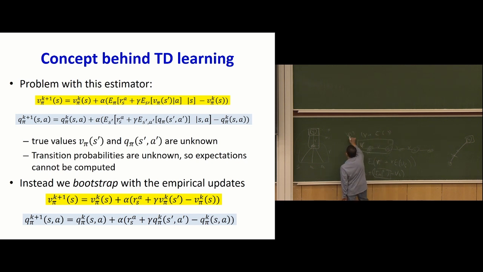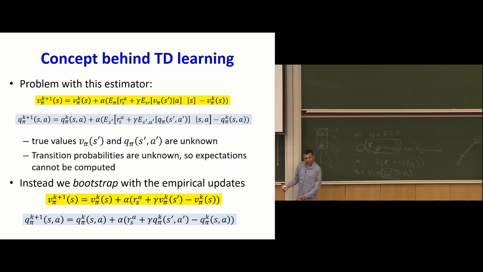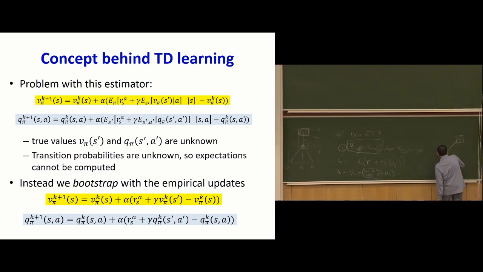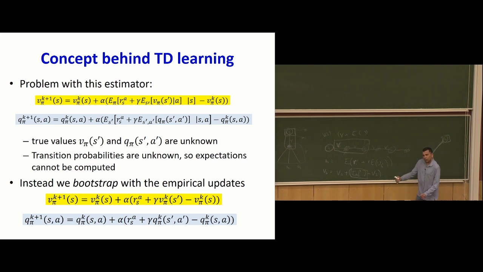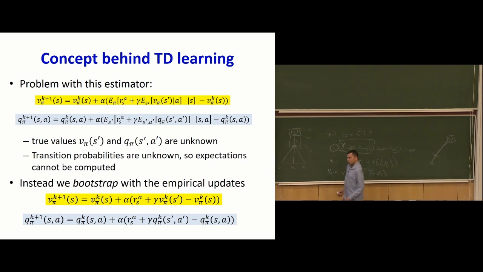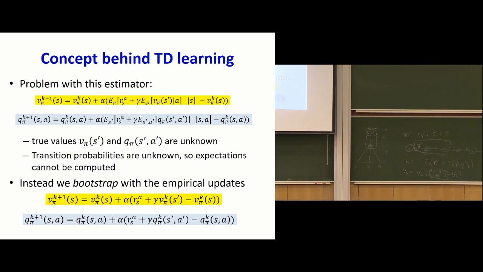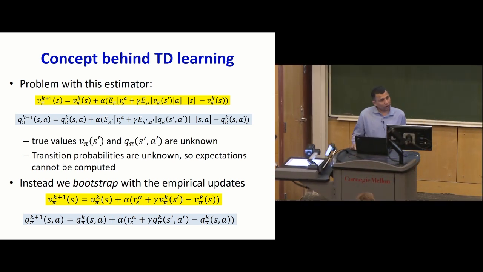So this minus this gives you how much you're off by, which gives you an estimate of this gap. And you're going to take a small step, which is some fraction of that gap, getting closer to the estimate. So this is the standard TD estimate procedure. You can use this either for the value function or the action value function.